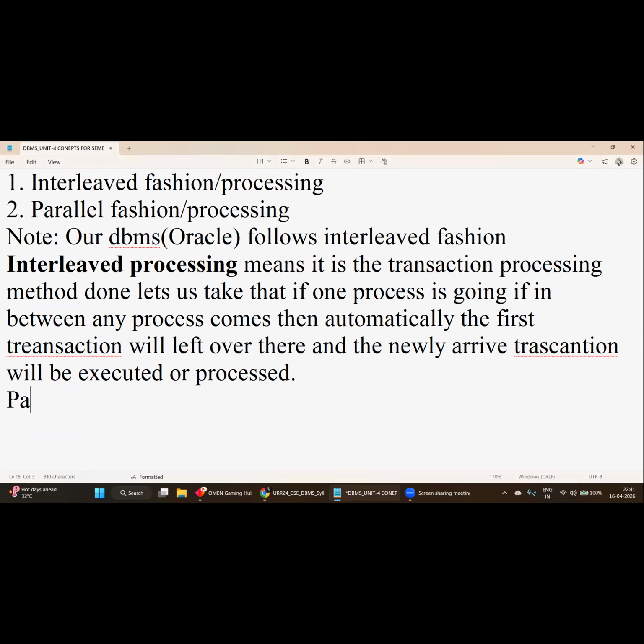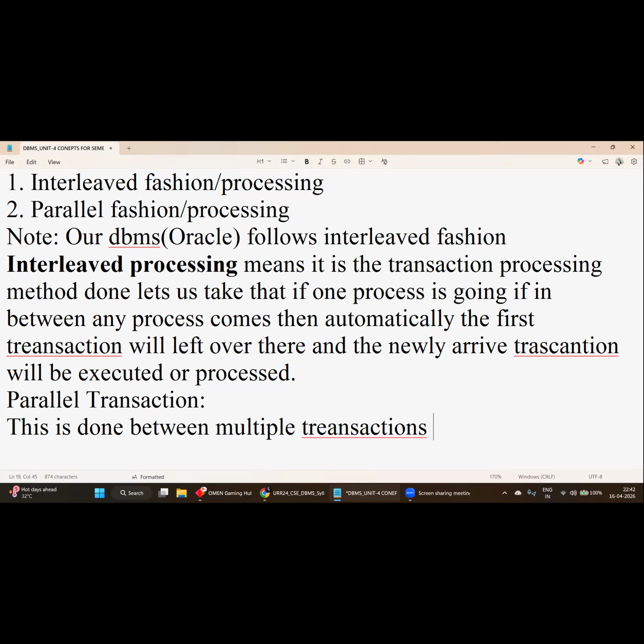Next, parallel means parallel transaction also we have. This is done between multiple transactions.